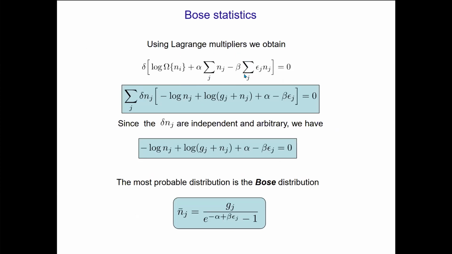It looks very similar to the Fermi case. We vary with respect to the occupation numbers independently, and this is the equation we get. The only difference from the Fermi case is that in the Fermi case we have plus here, and in the Bose case we have minus here. So this is the most probable distribution of occupation numbers for Bose gas.